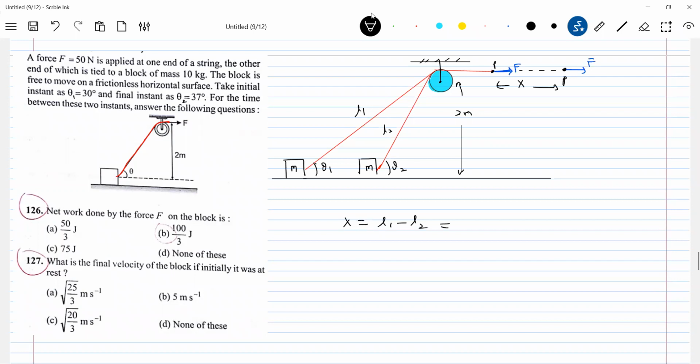Sine theta 1 you can write as 2 by L1, sine theta 2 as 2 by L2. So L1 is 2 by sine theta 1. So I got the X. Then the work done by the force is equal to F into X. This is the first part of the problem.